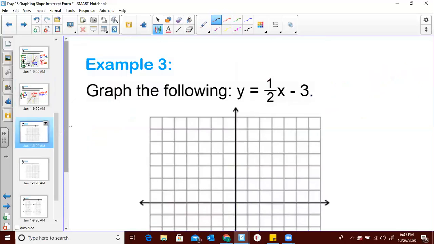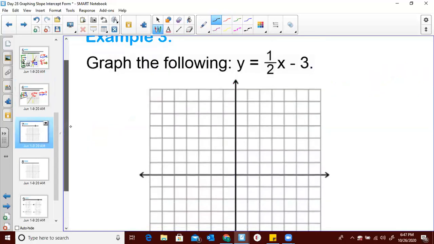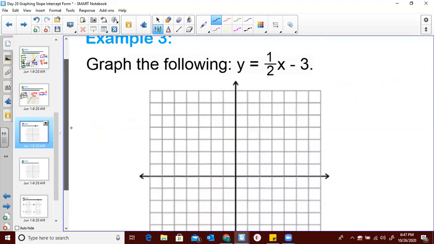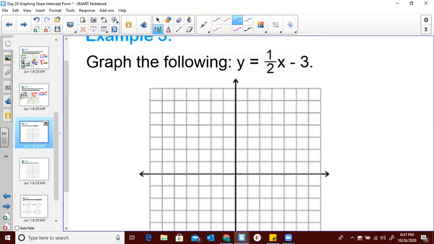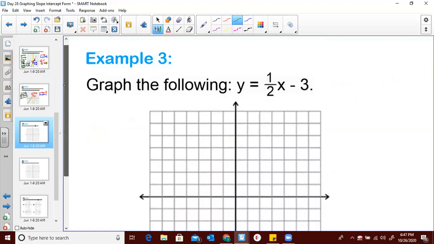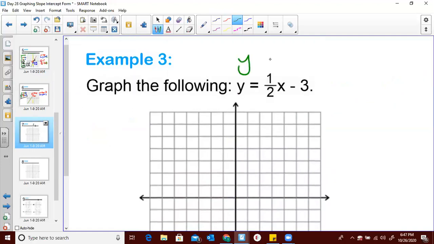All right, now we want to take a linear function and graph it, right? And again, this is in our slope-intercept form. So let's match it up. y equals mx plus b, which in this case is -3. All right, so we know that our slope is going to equal a positive 1/2.